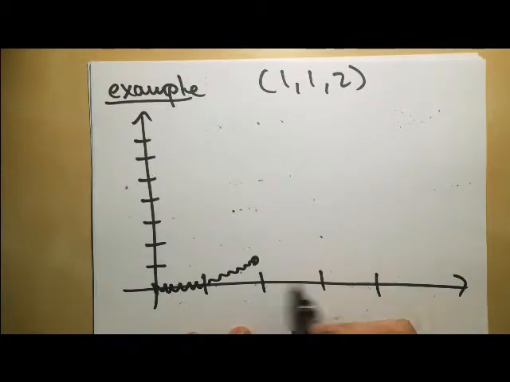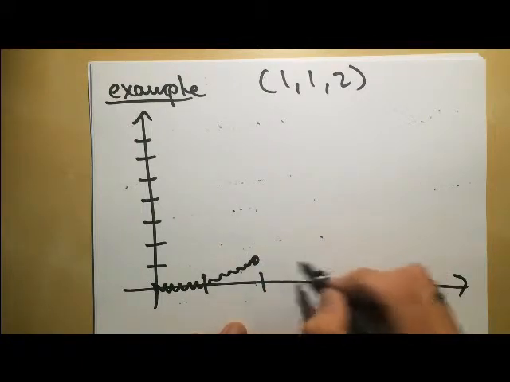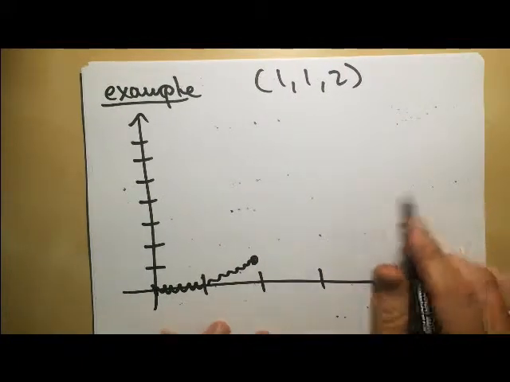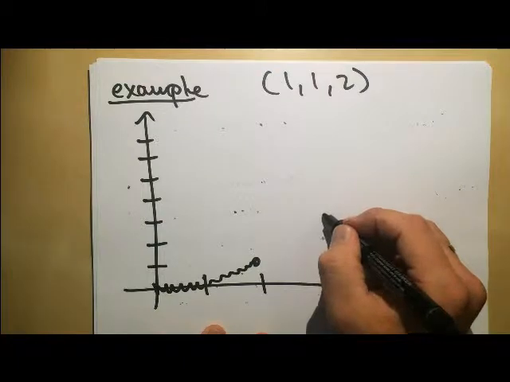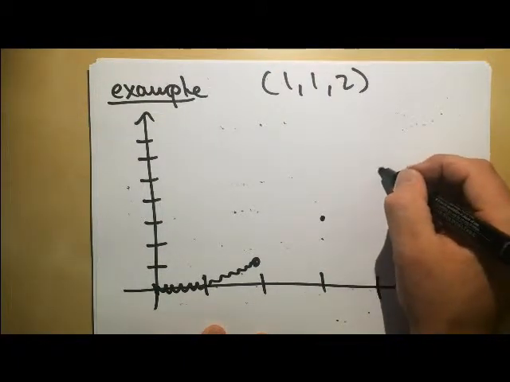And now the next ones are going to have slope 2. So when we go over 1, we go up 2. So we go 1, 2, like so, and we do it again, up 2.